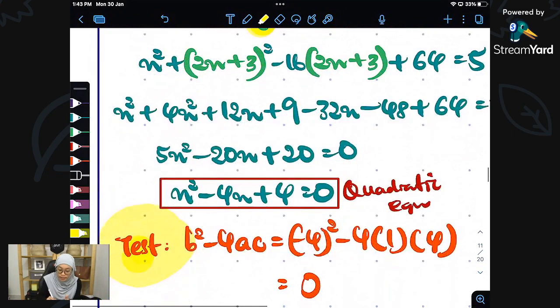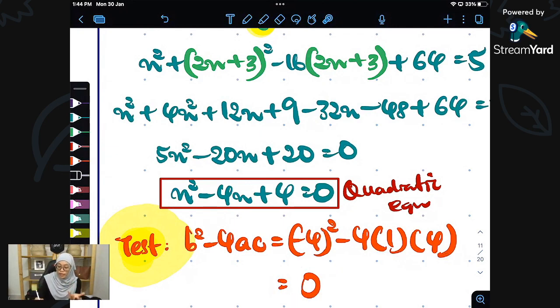We got to test it using b squared minus 4ac dulu. Jangan cari the value of x yet, not yet. We got to show first, okay? So we got to show it by using b squared minus 4ac, and then we subs in the b, the a, and the c. We got 0, exactly 0 there.